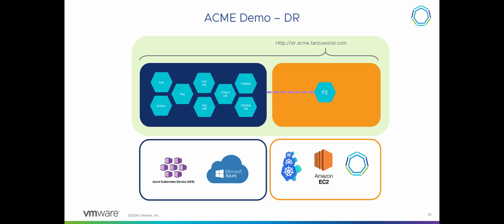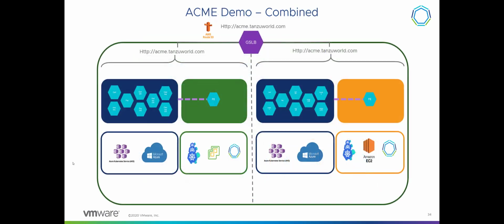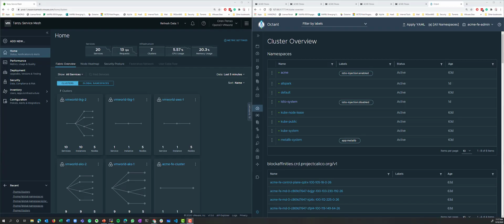And those are the two endpoints that will be behind that global load balancer when everything is being managed by the global namespace of Tanzu Service Mesh. So that's the way that we will end our demo, where we will have the full mesh between four different clusters, and we can start by just onboarding a cluster.